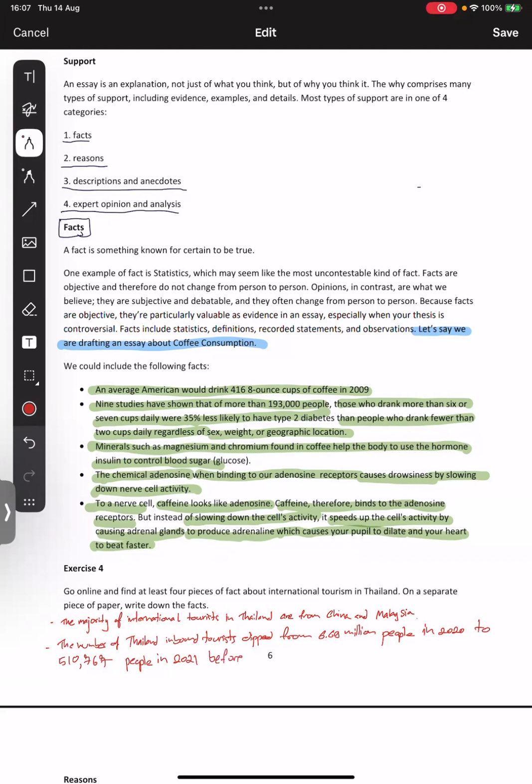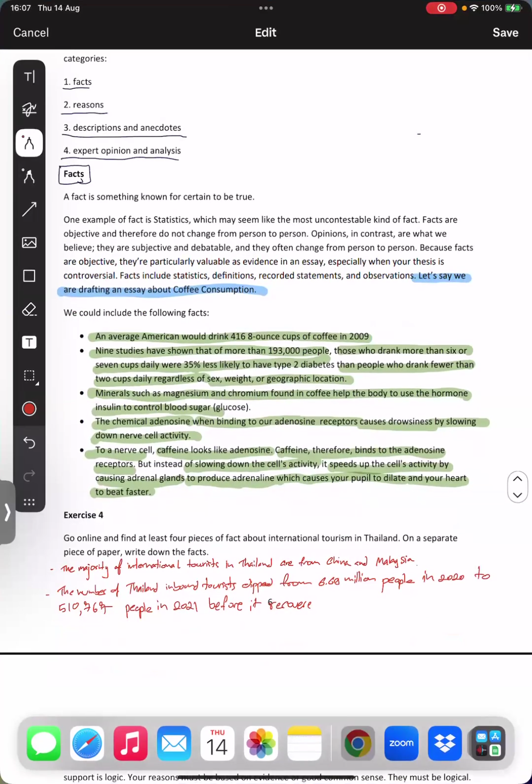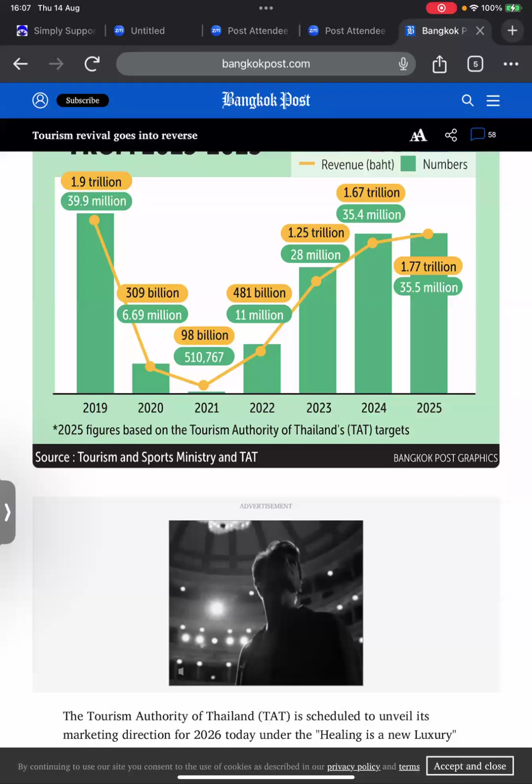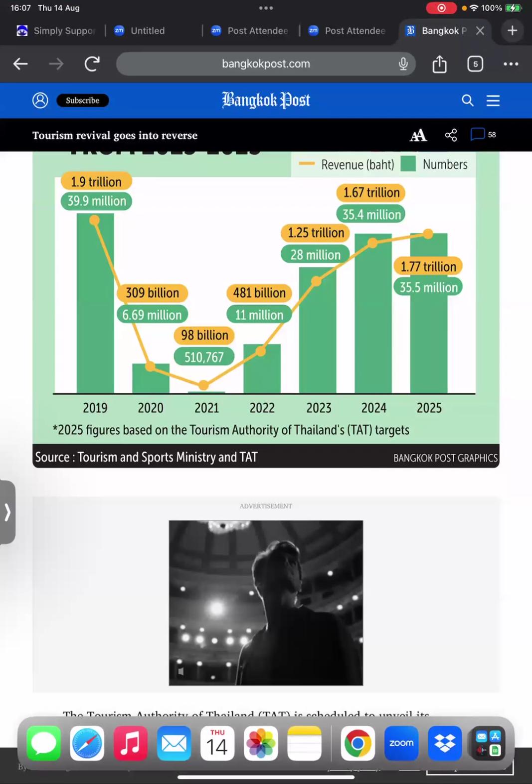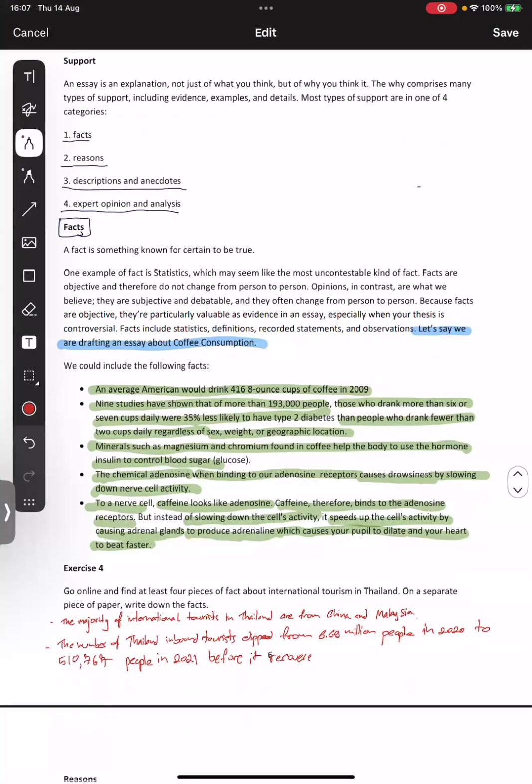before it recovers. Okay, so it goes back to where it used to be in 2022 and recovers in 2022.